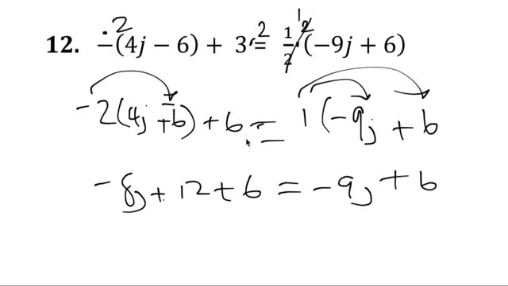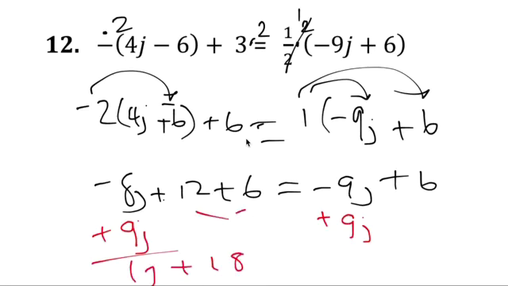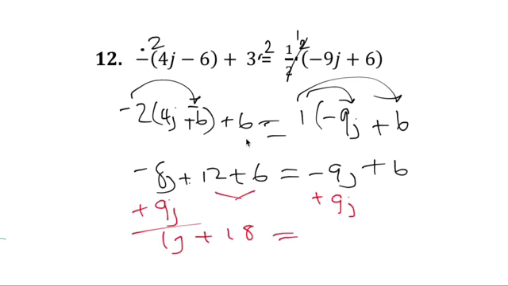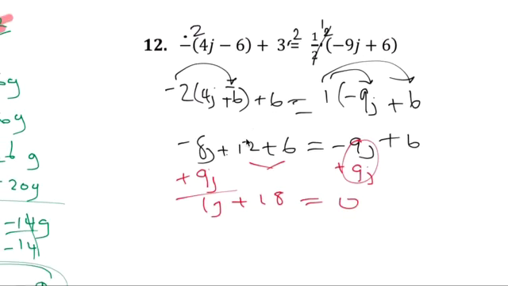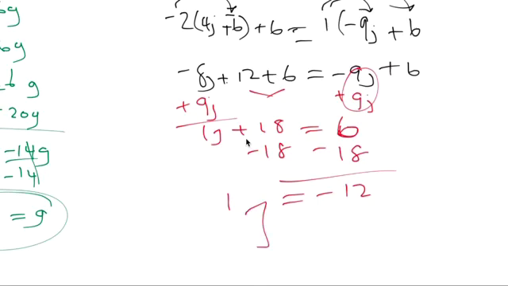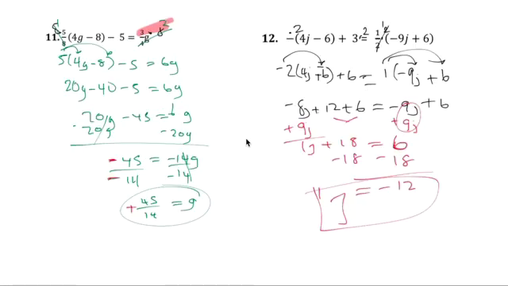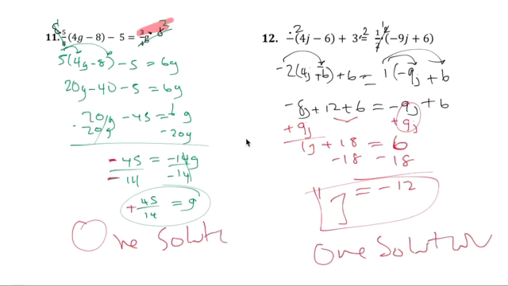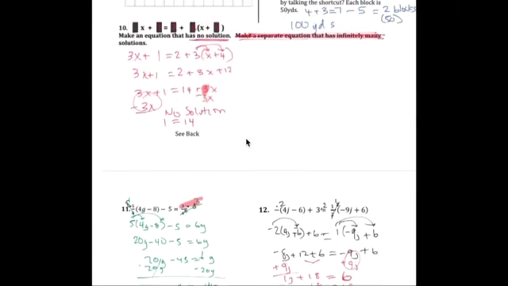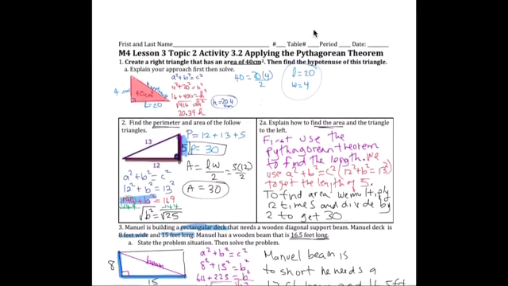Make the j equal to 0. Get 1j plus 18 here. These two combine together. The 6 minus 18, negative 12. J is negative 12. One solution. Both of these are one solution. Okay, that's your homework. Alrighty.